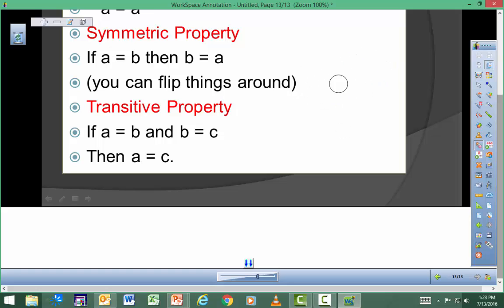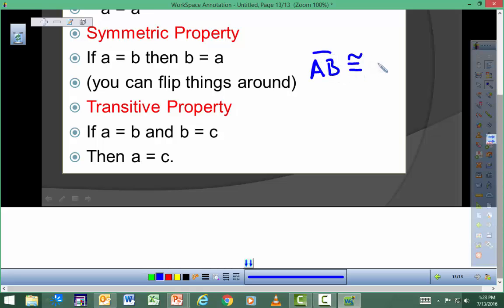Now let me just show you what this would look like if we were using segments. We might say segment AB is congruent to segment CD. And then we're told that segment CD is congruent to segment EF. Okay, so you'll notice there's the repeat. Those two are used twice.